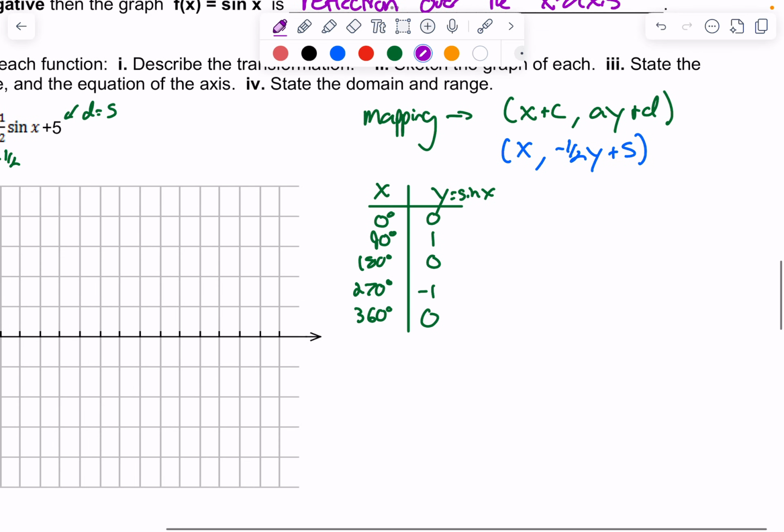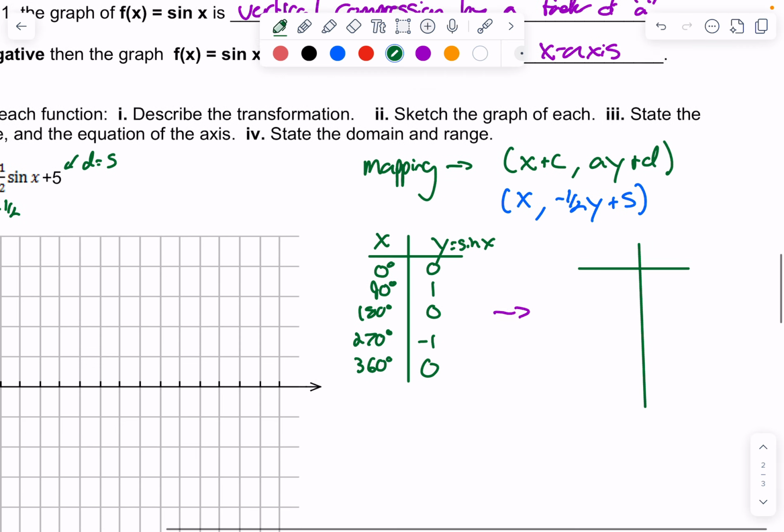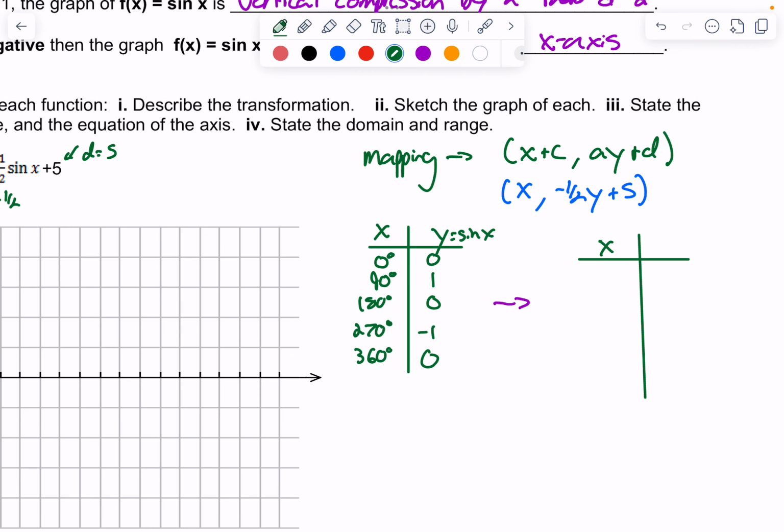And now if we apply our transformations, using our mapping rule, we have x that has no shifts on it, so we're literally just going to copy down the same points that we use because they're not being transformed at all, so these are still the exact same degrees from your parent. But now all of your y's are being multiplied by negative a half, and then you're adding 5 to them.